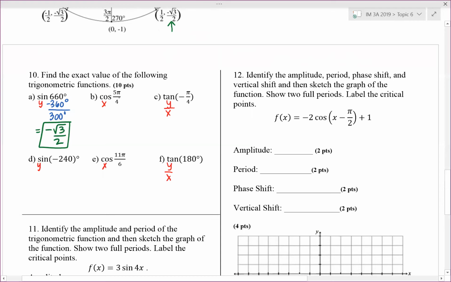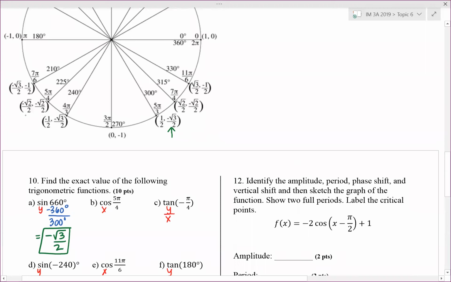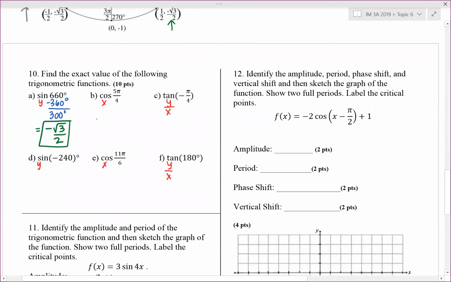So 5 pi over 4 is here. Since we're talking about cosine, it's the x value. So that means that the answer for this is negative radical 2/2. So the answer for B is negative radical 2/2. Again, for something like that, I literally have no work. It is just looking at the unit circle, getting the answer.